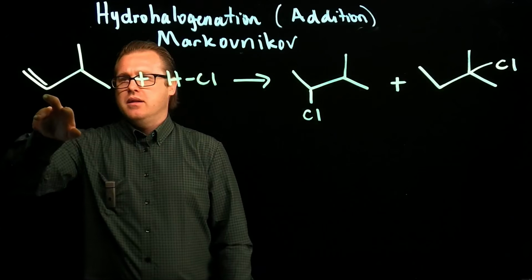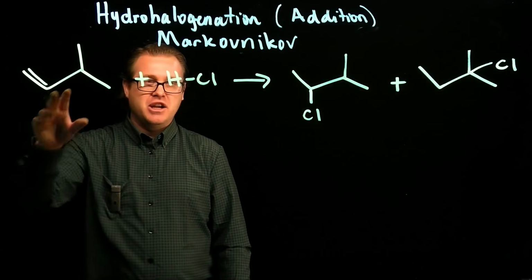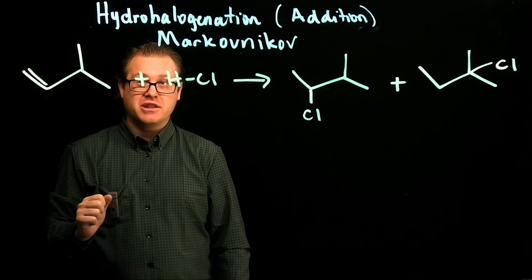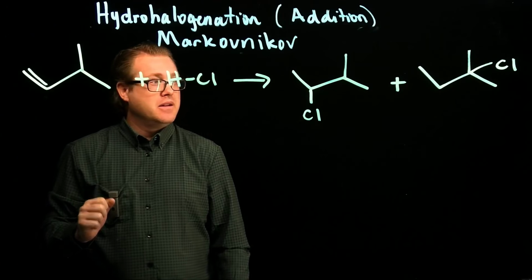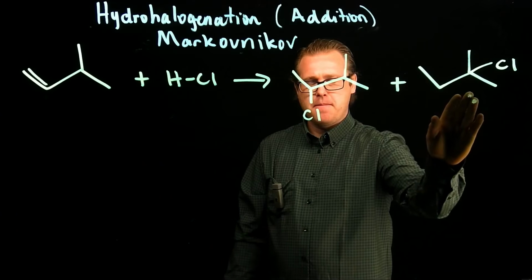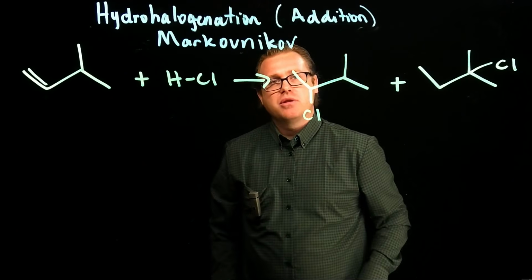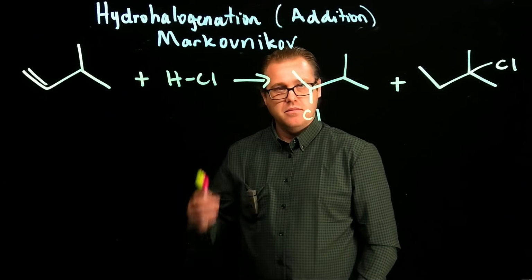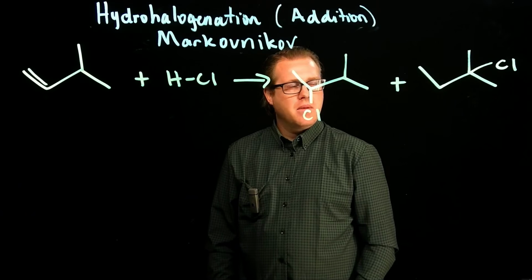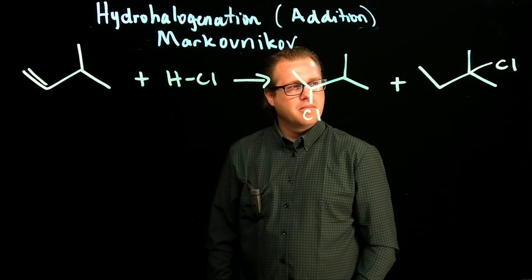And another consideration that you have to watch out for is carbocation rearrangements. So when we take a look at these guys right here, which one is the major product? You're going to see questions like this. How are you going to figure that out?